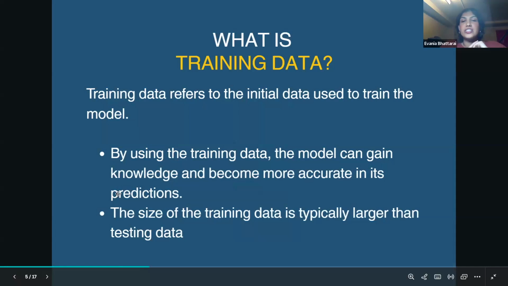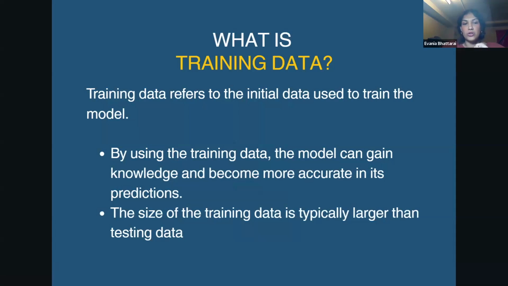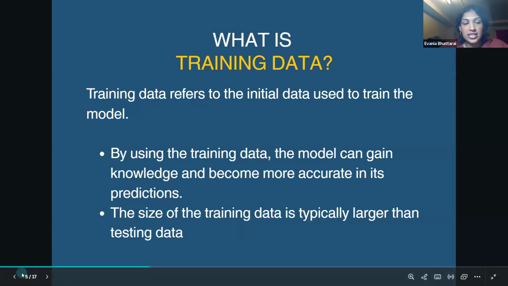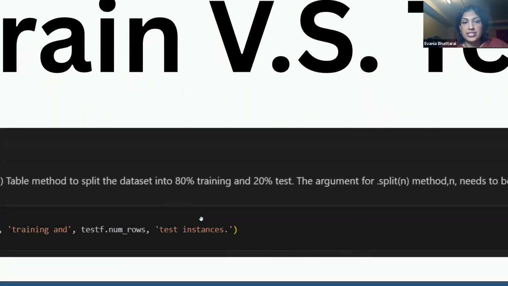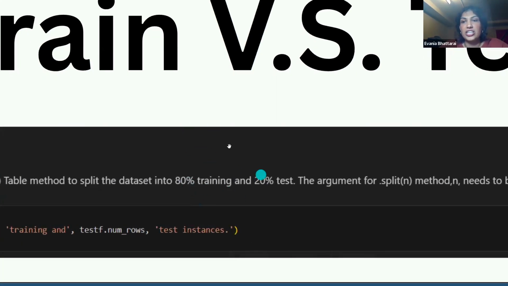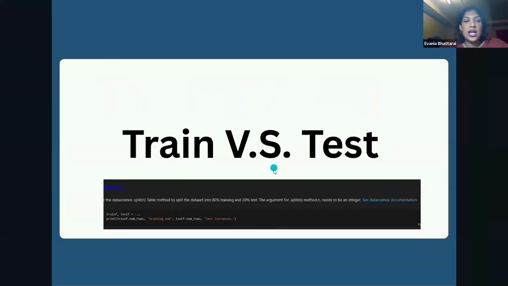Training data refers to the initial data used to train the model. By using training data, the model can gain knowledge and become more accurate in its predictions. The size of the training data is typically larger than the testing data, which is why in the lab we want you to split the data into 80% training and 20% testing.